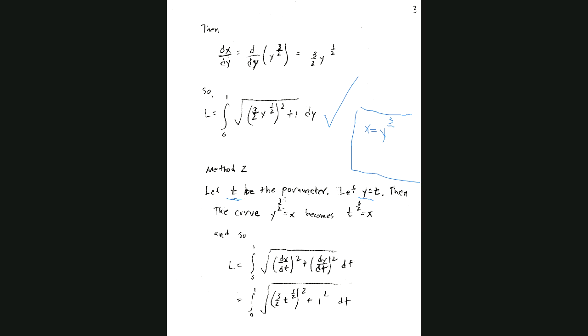If you want to use the arc length formula where t is your parameter, you could just let y be t, and then the curve x equals y to the 3/2 becomes x equals t to the 3/2. Okay, and so then you can apply the formula directly, and you'll get the same answer. Well, you'll get this expression.